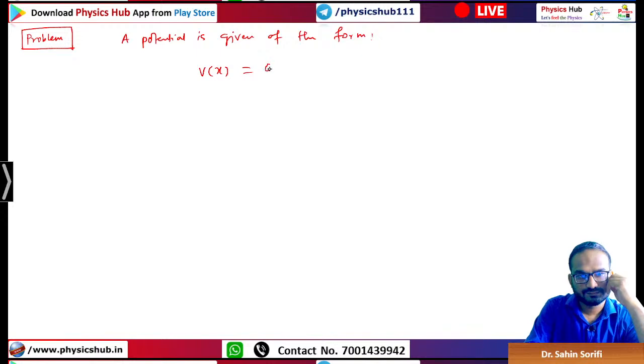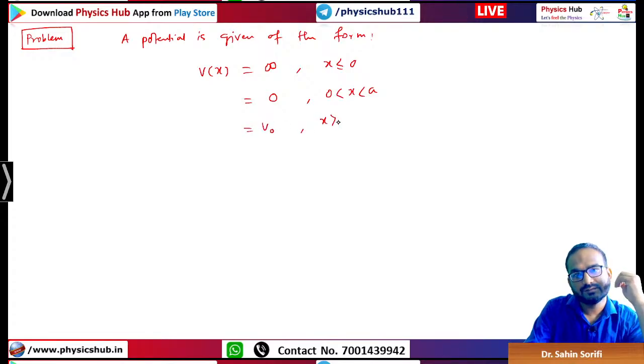Let me give you a problem similar to this. A potential is given of the form V(x) equals infinity for x less than or equal to 0, equals 0 between 0 to a, and it is V0 for x greater than or equal to a.